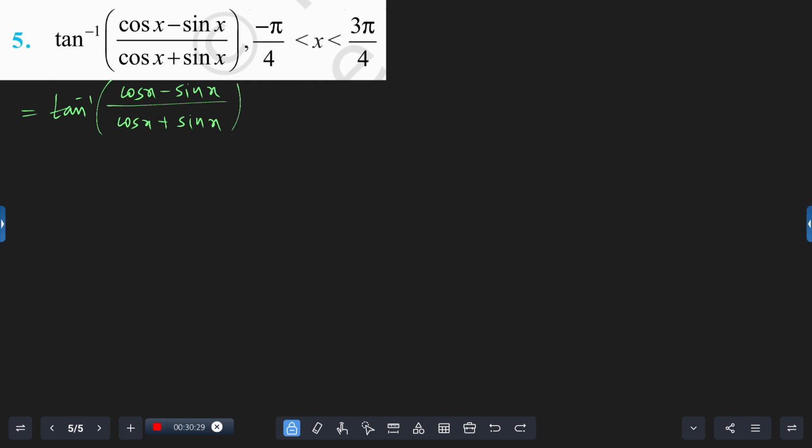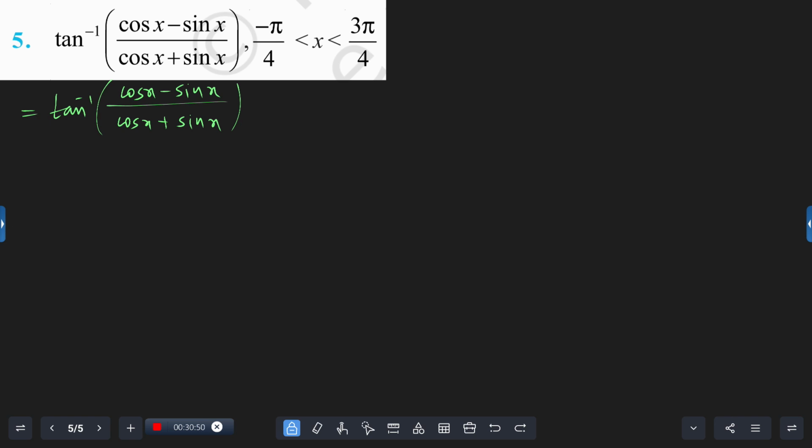Children listen, cos minus sin, cos plus sin, we don't have a formula. But if it is in square, we have a formula. Without square, in addition or subtraction, we don't have one. So what do we do? We try to bring it into the formula pattern.